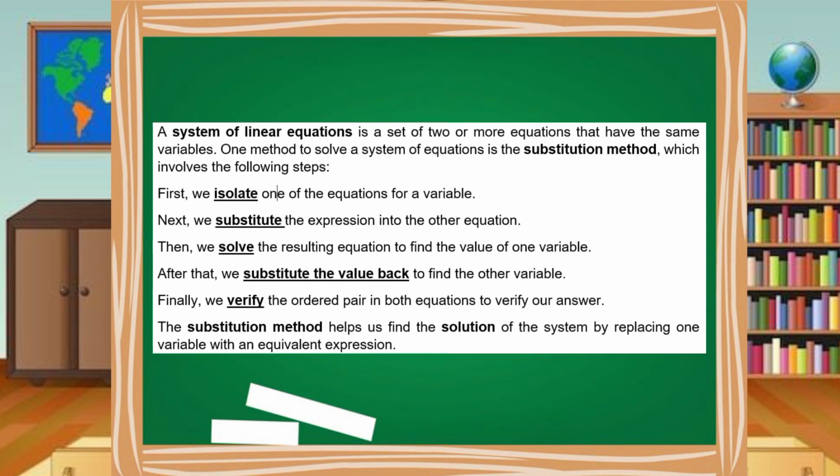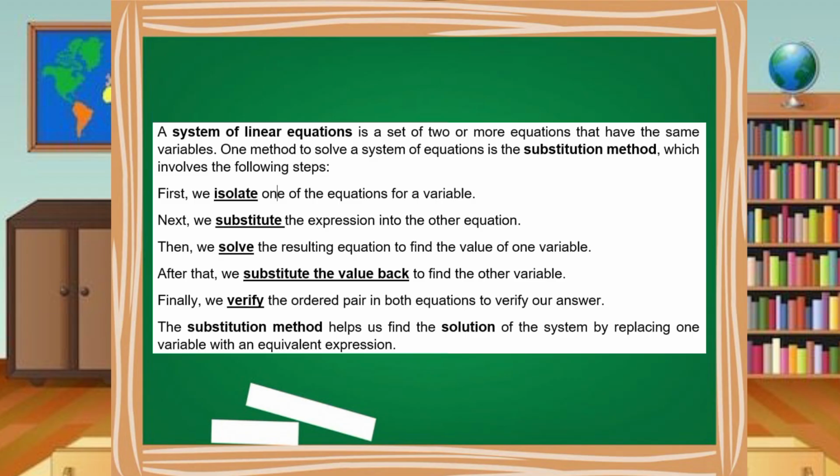Next, we substitute the expression into the other equation. Then, we solve the resulting equations to find the value of one variable. After that, we substitute the value back to find the other variable.